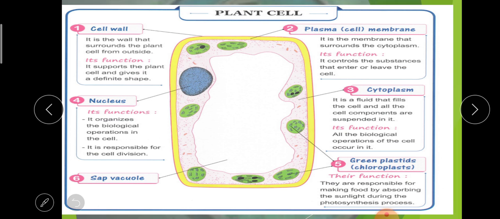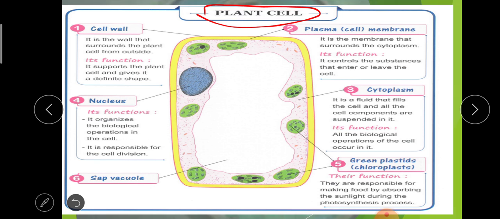We noted that the tissue consists of cells, and each cell consists of components. Let's identify the components of the plant cell. The plant cell is very, very small. We cannot see it and its components by the naked eye. We can see it under the compound microscope.